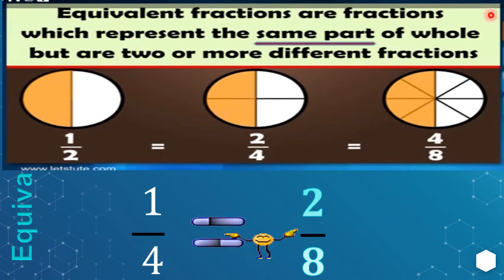And in the third example, also the half circle is shaded, but the total number of parts is 8 and 4 are shaded, and the 4 shaded parts are the half of the circle. So we can see in these 3 figures, half parts are shaded, so we can say 1 by 2 is equivalent to 2 by 4 and 2 by 4 is equivalent to 4 by 8, meaning 1 by 4 is equivalent to 2 by 8.